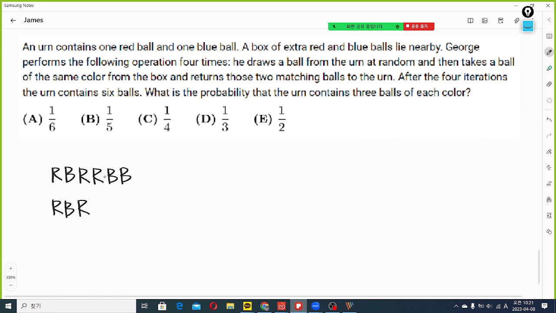So we can make the arrangement like this, moving the last red ball. So there are three possible arrangements.